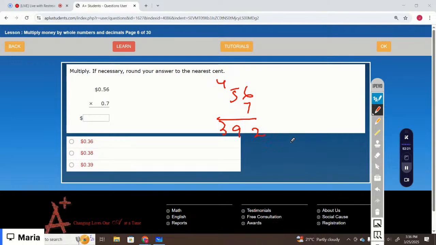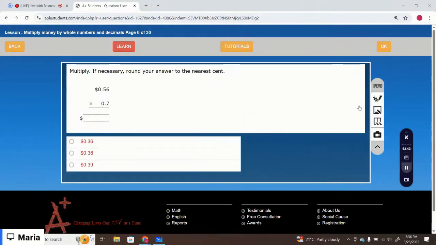So you have a total of 3 decimal places. You need to move the decimal point 3 places left. So 1, 2, 3. So that is 0.39. Option number 3 is the correct option.